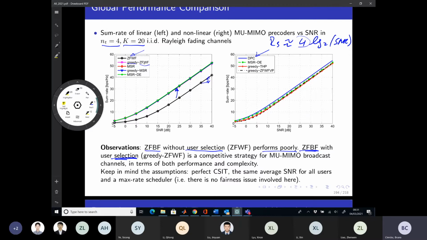So in other words, greedy zero forcing beamforming in terms of sum rate would come quite close to the DPC limit. And this is one of the reasons why in practice this kind of strategy is used: you can use simple linear precoding, but by combining with user selection, by scheduling and pairing users smartly together, you can achieve very good performance. Right. So there is a good trade-off between complexity and performance, essentially.